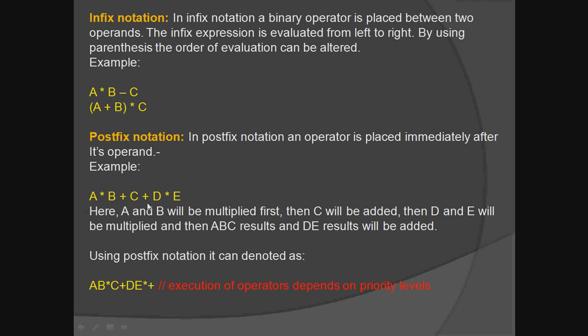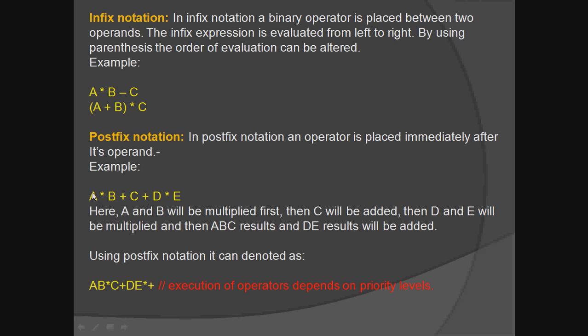So here you can see that we have to convert this infix notation into postfix form. This is a into b, which will be multiplied first. After that c will be added, since we have to go in a series like that, right? So first a into b will be multiplied, then c will be added, and then that value will be added to d into e. It will not be d added first, because multiplication has higher precedence than plus.